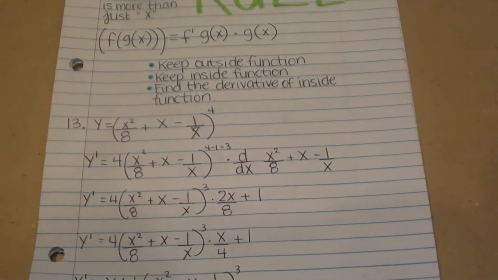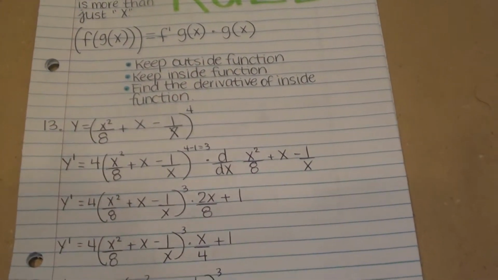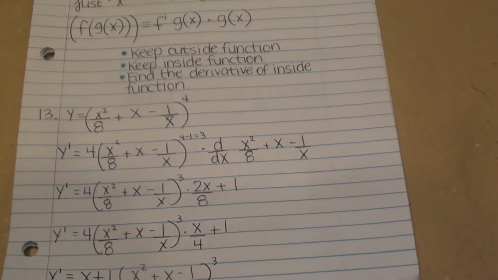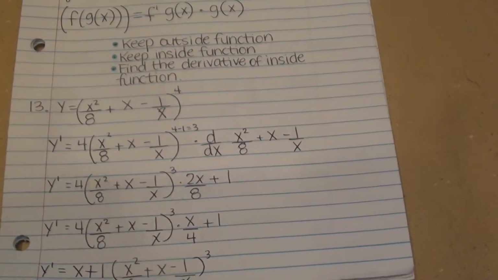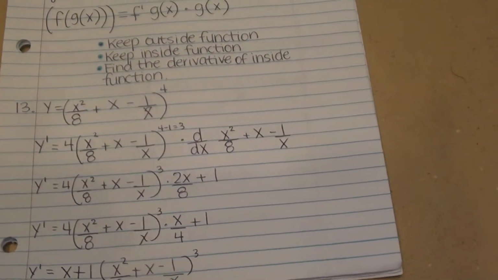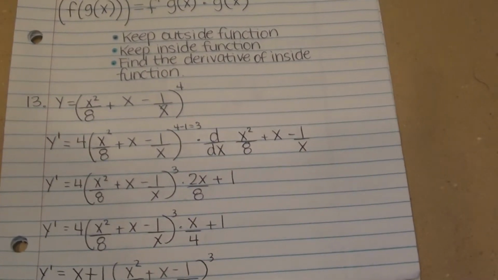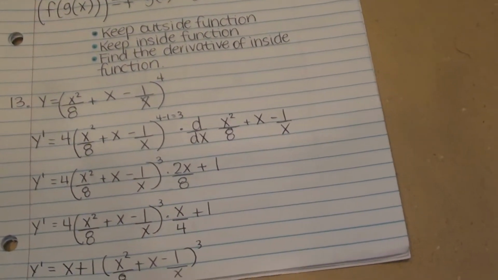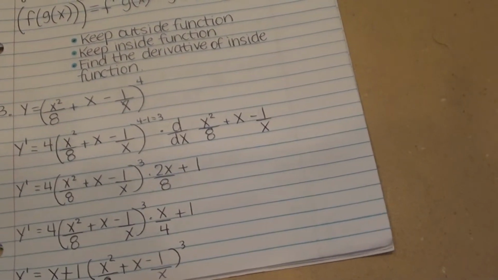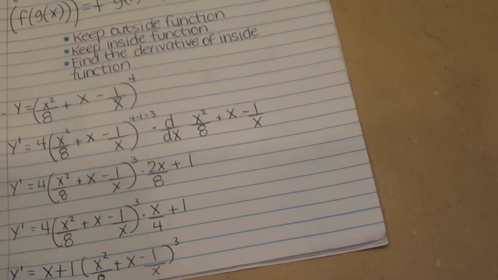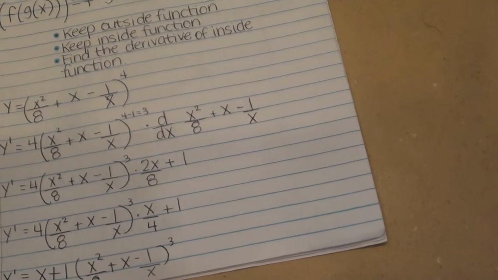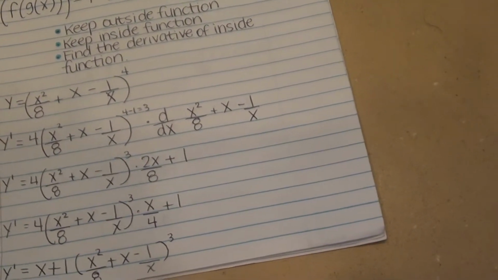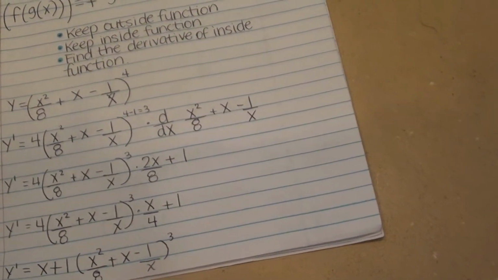chapter 3.6 is y equals x squared over 8 plus x minus 1 over x, to the 4th power. First, you're going to prime your function, which is y prime equals x squared over 8 plus x minus 1 over x to the 4th power.